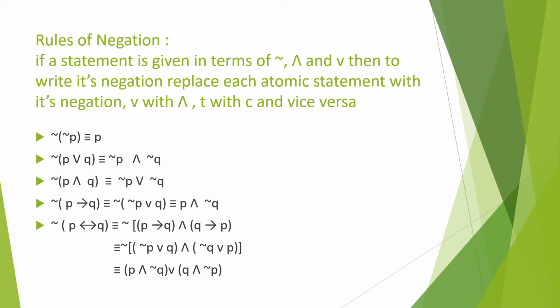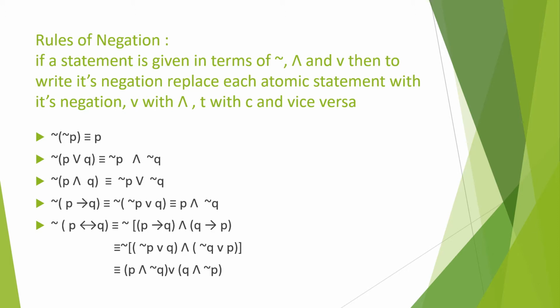If the statement pattern is in terms of negation, conjunction and disjunction, first step is replace each atomic statement by its negation. Second rule is interchange conjunction and disjunction. And third rule is interchange tautology and contradiction.